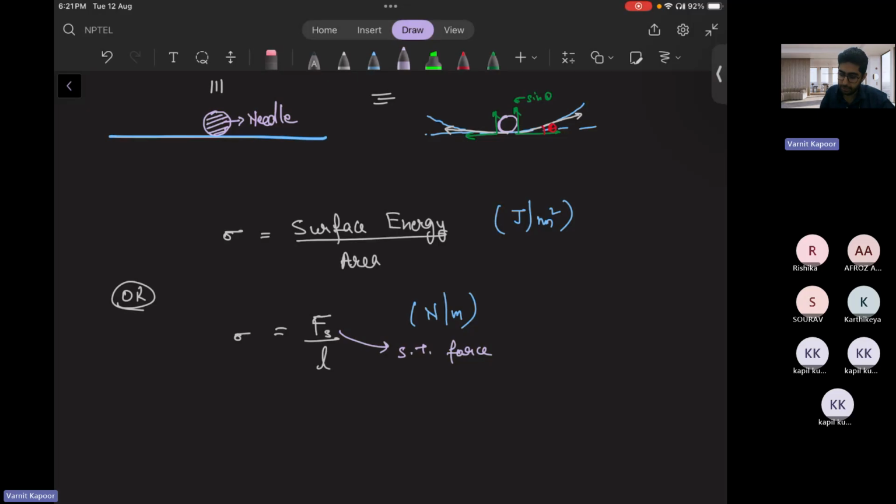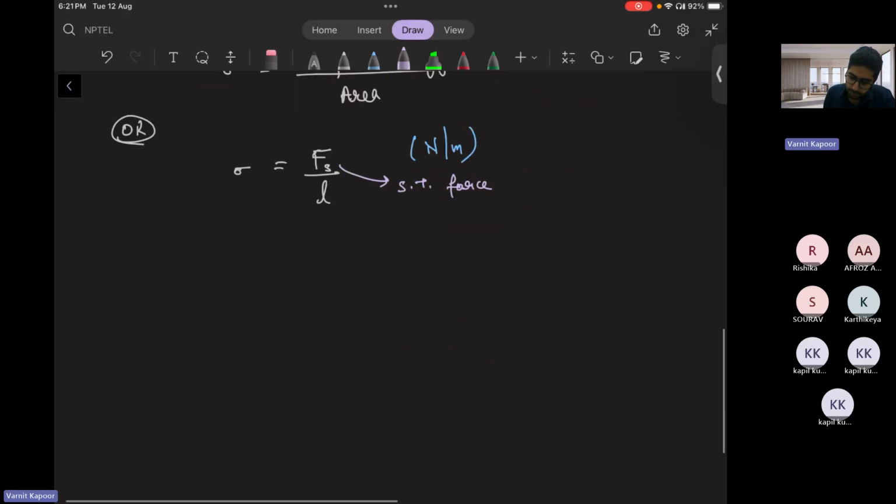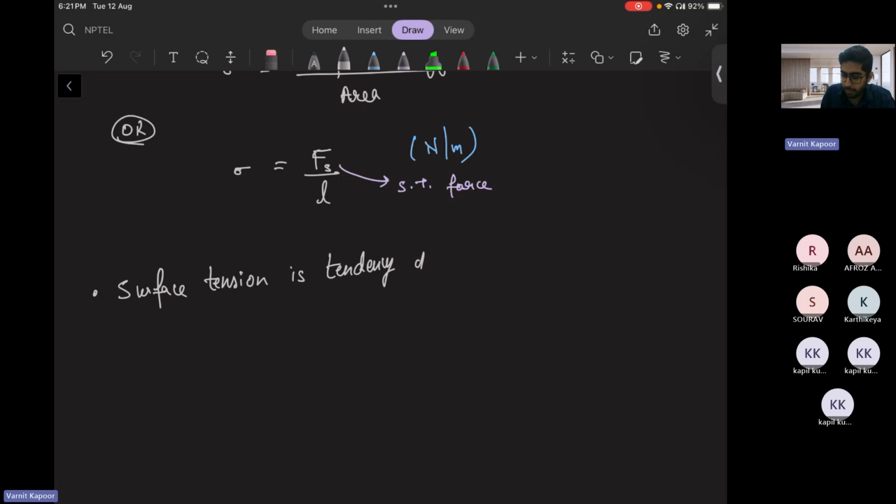Okay. All right. So let me write the definition. Surface tension is the tendency of a liquid surface at rest to shrink into the minimum surface area possible.